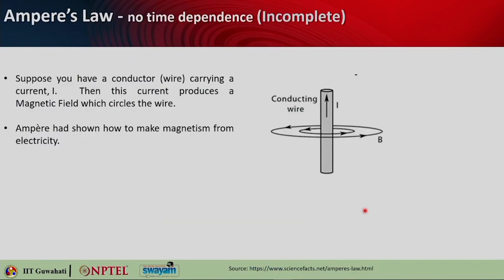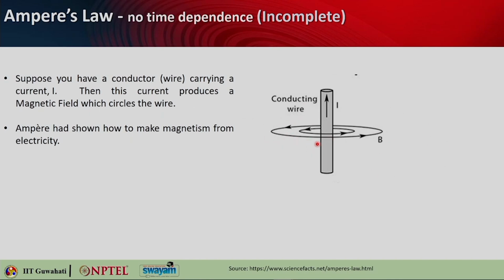The next one, let's look into the fourth Maxwell's equation, that is coming from Ampere's law. Ampere's law does not have any time dependence. It simply says that if you have a conductor carrying current I, it will produce a magnetic field that will circle the wire.